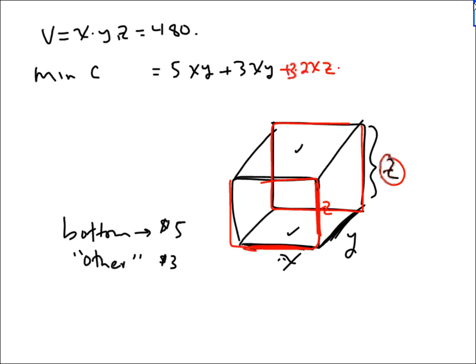Now we have to do the sides. The sides cost $3, and we have 2 of them. What is this side? It's y, the width, times the height, which is z. So it's yz. So C is a function of x, y, and z.